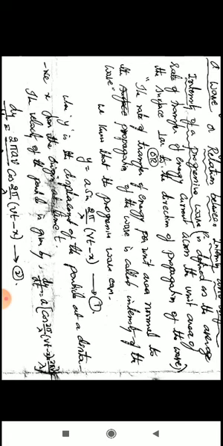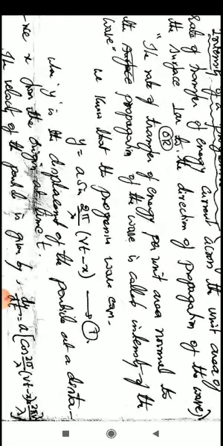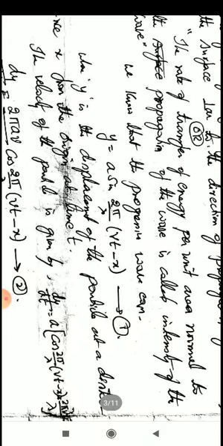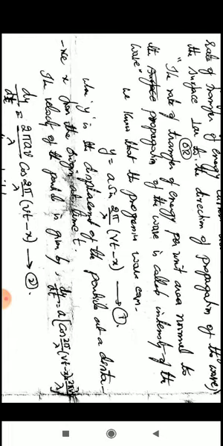We know that the progressive wave equation is y = a sin(2π/λ)(vt − x). I am going to call this equation 1, where y is the displacement of the particle at a distance x from the origin at a time t.